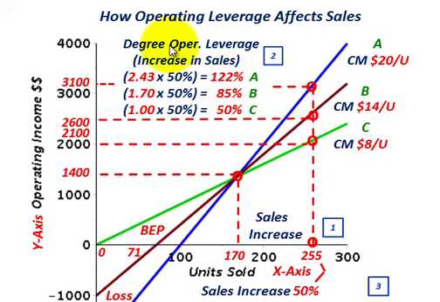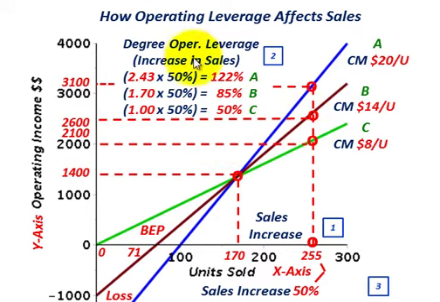Okay, so again, the degree of operating leverage has an effect on the increase in sales, and we're looking on this side of our equilibrium point, where any increases in our sales are going to increase our operating income in all three cases.